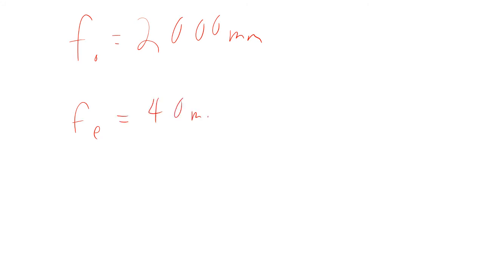One of the telescopes we use in the astronomy class has a focal length of 2,000 millimeters, and we have a whole bunch of different eyepieces. You change out the eyepiece to get different magnification. Remember, magnification is the focal length of the objective divided by the focal length of the eyepiece.